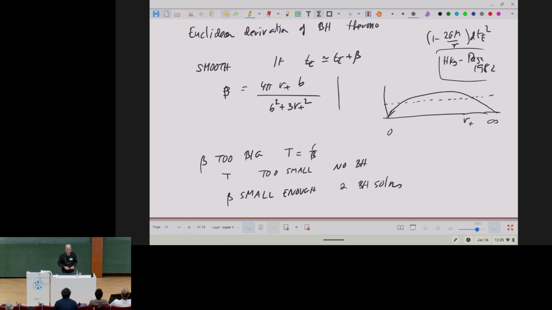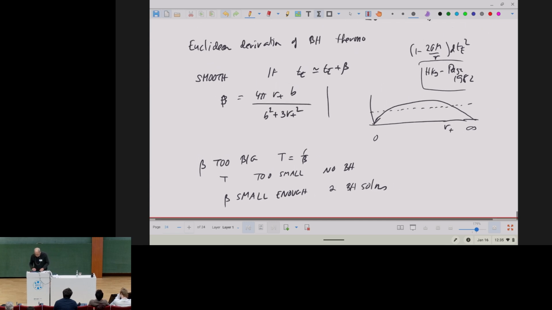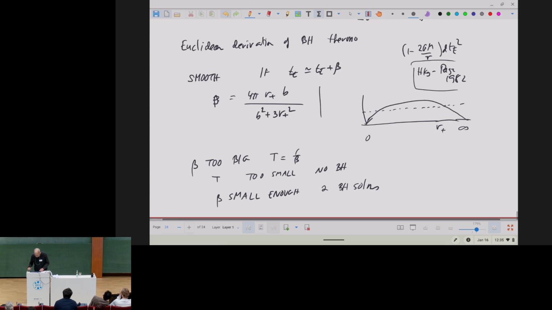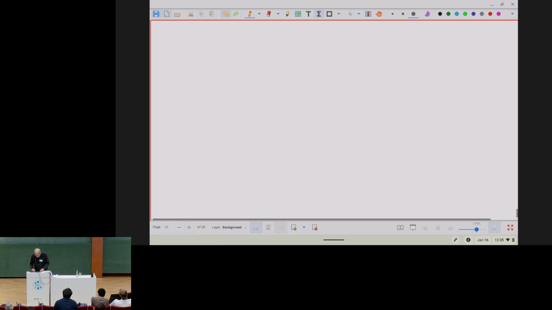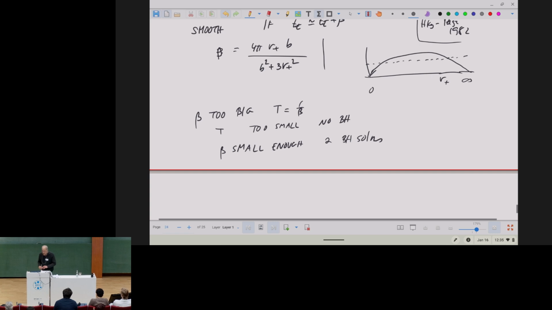So since that's the case, with 2 solutions, you'd want to know which one has smaller free energy. But what actually happens here is that one of the 2 solutions is thermodynamically unstable and the other is thermodynamically stable. You can guess which one should be unstable as follows.